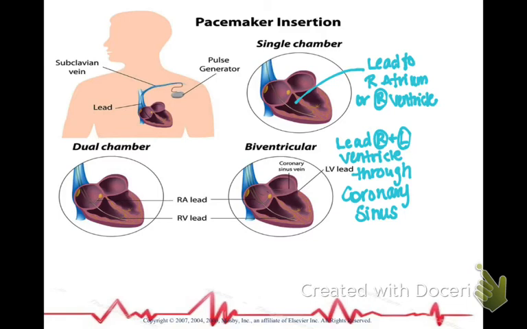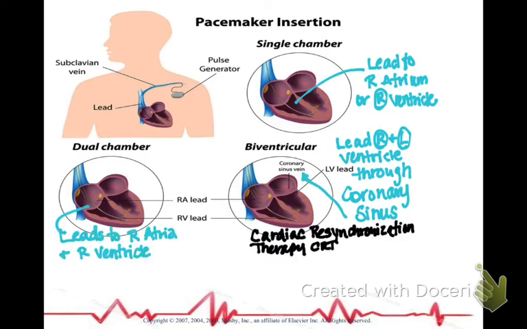Your biventricular is your lead to the right and left ventricle through the coronary sinus. Oftentimes the biventricular is your cardiac resynchronization therapy, or your CRT therapy. And then your dual chamber, you have the lead to the right atrium and the right ventricle.